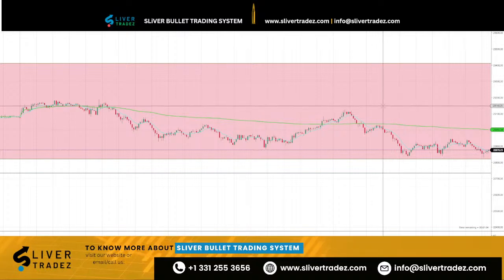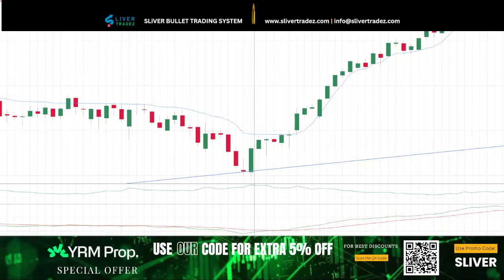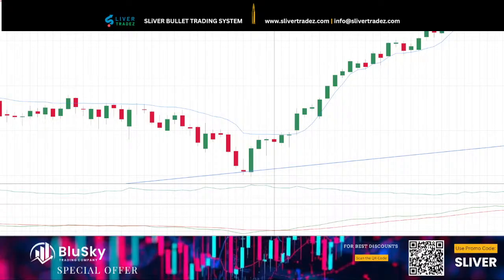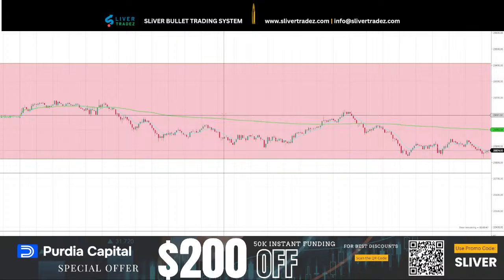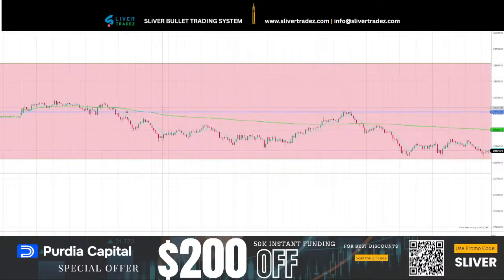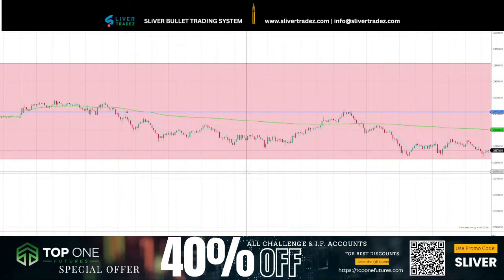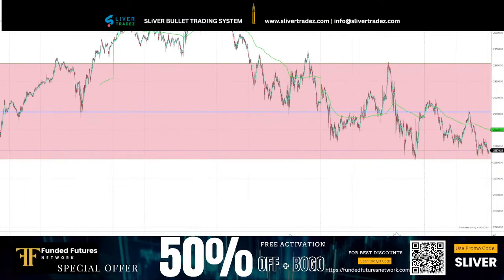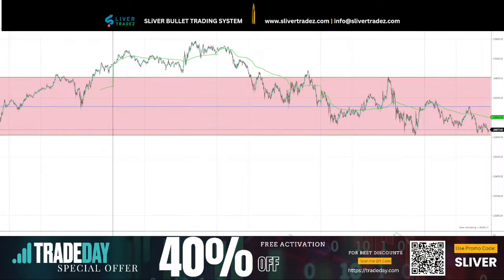All right, and somewhere in the middle, I will draw a line just to show the center line so that I can have an idea of what's going on. This center line could be a reaction zone, so that's why I have drawn that. Here I'm going to remove these previous drawings.